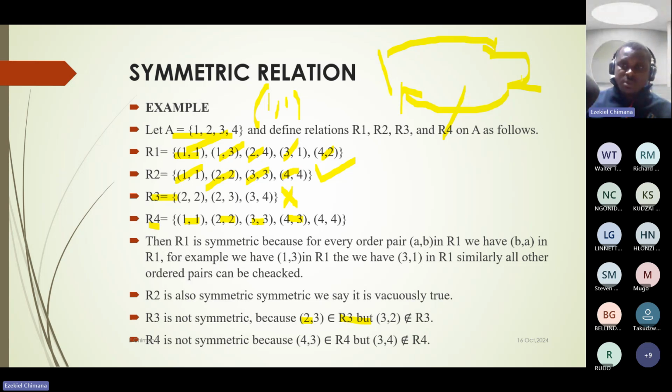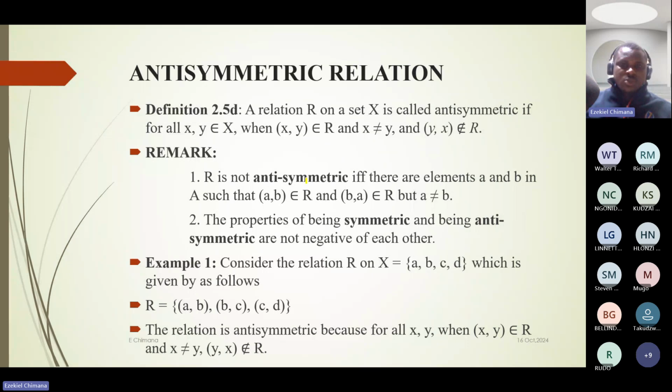If you do not have this arrow going back, it means that relation is not symmetric. So that's it. So let's look at what we call antisymmetric.